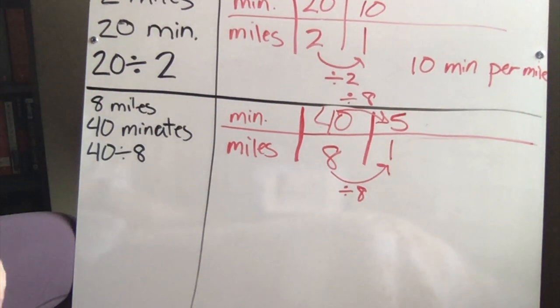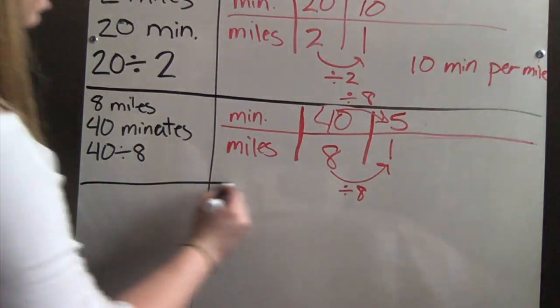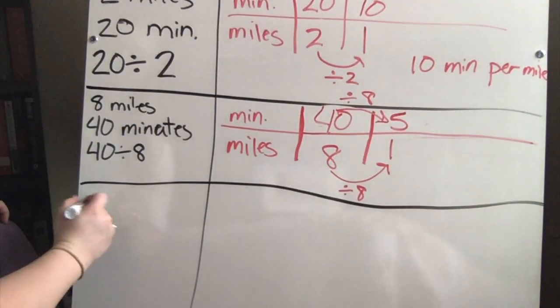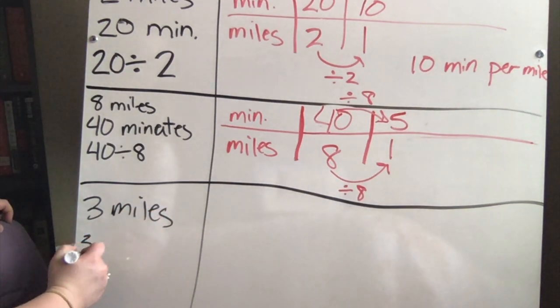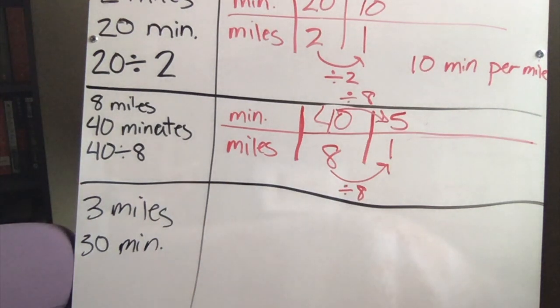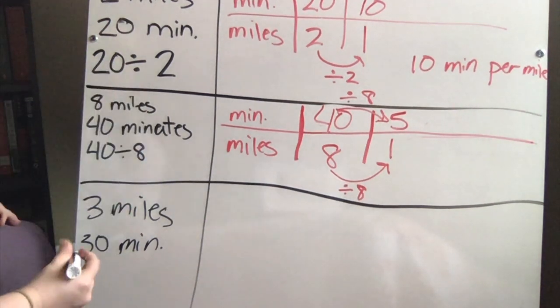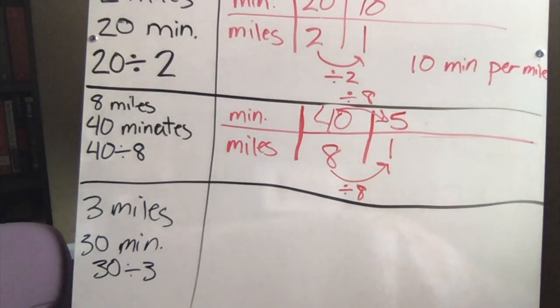So the last problem we're going to work on is a student ran 3 miles in 30 minutes. How fast was he running? What was his pace per mile? So I know I'm going to do 30 divided by 3.